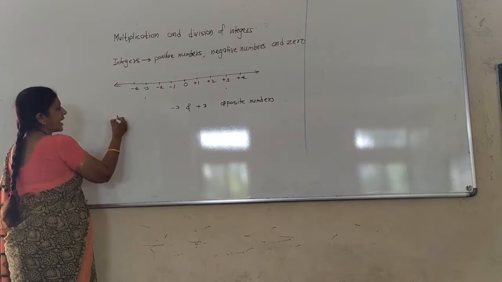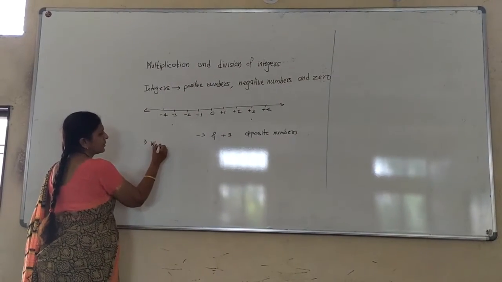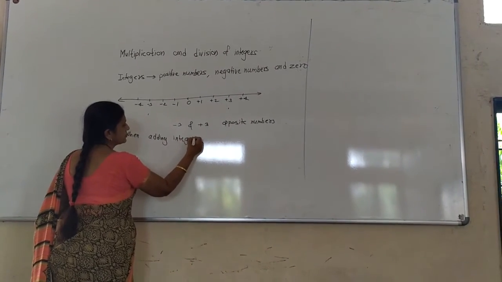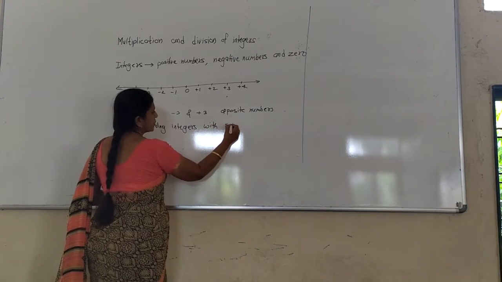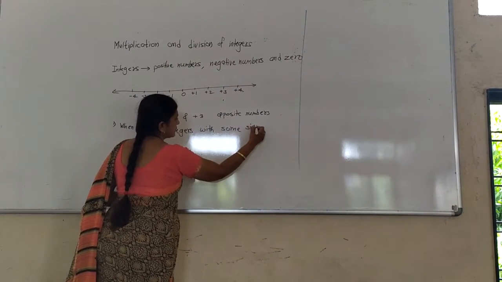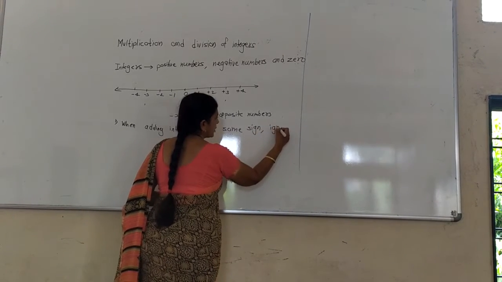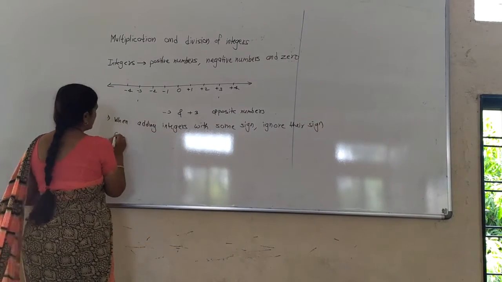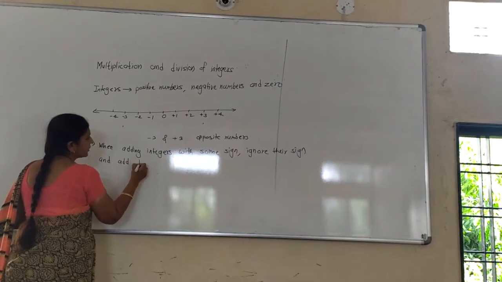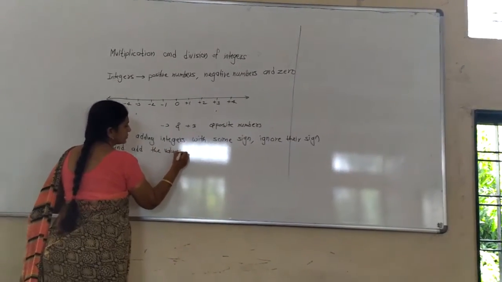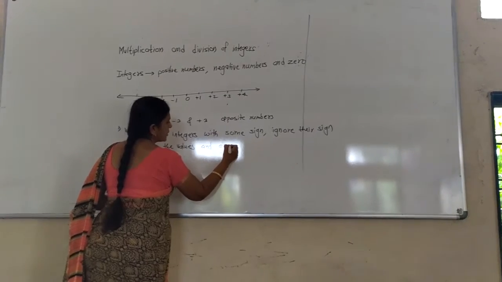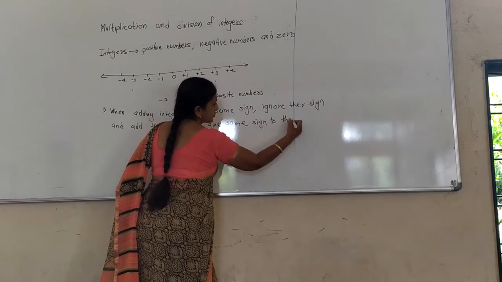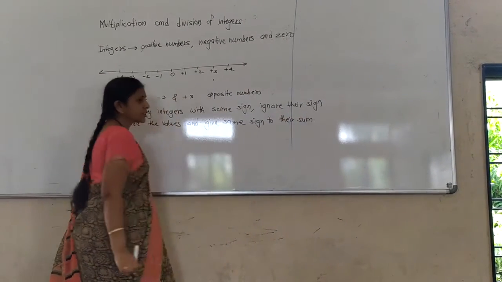The first rule says that when adding integers with the same sign, ignore their sign, add the values, and give the same sign to their sum. This is the first rule.